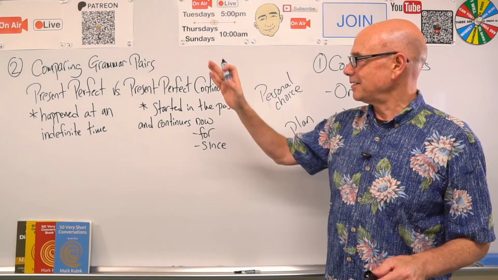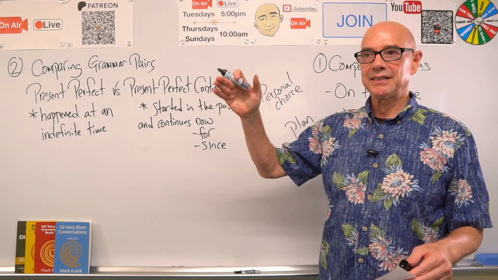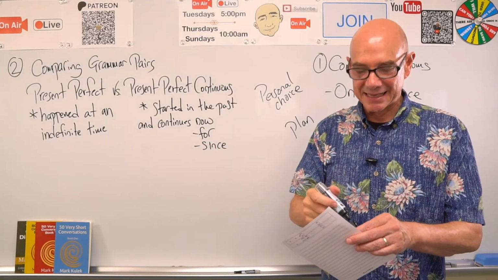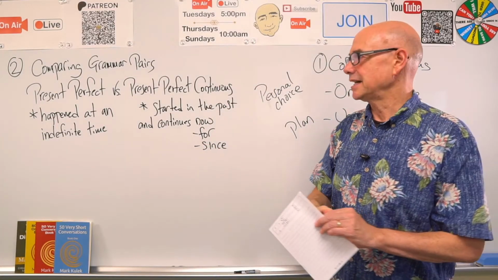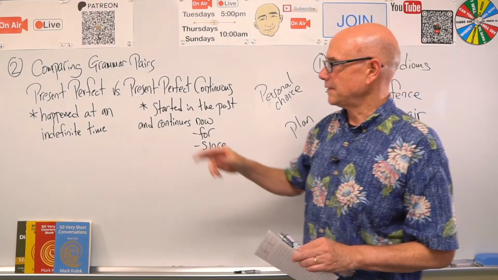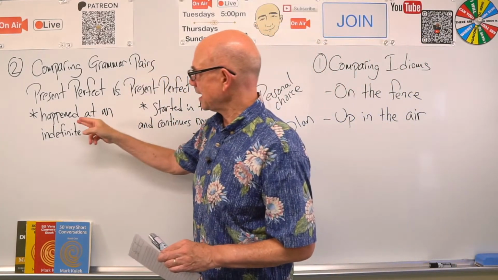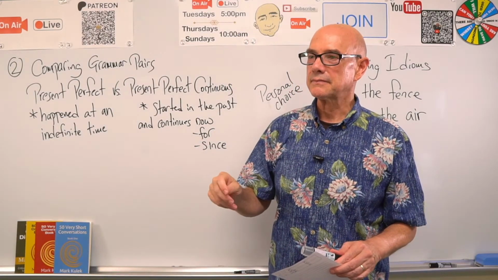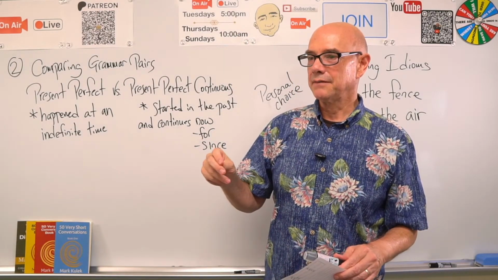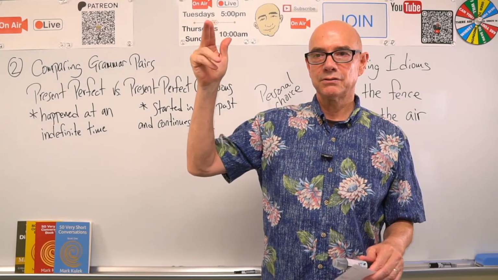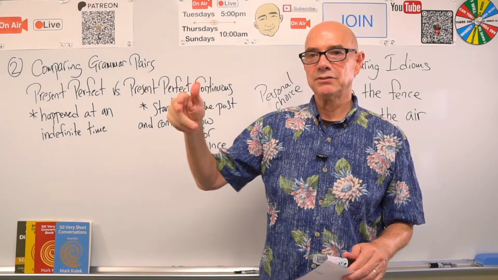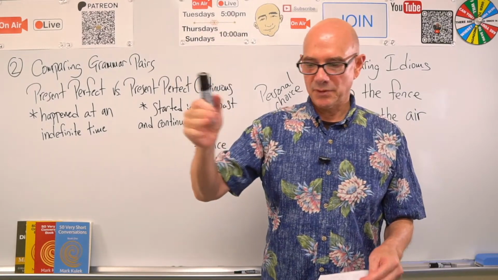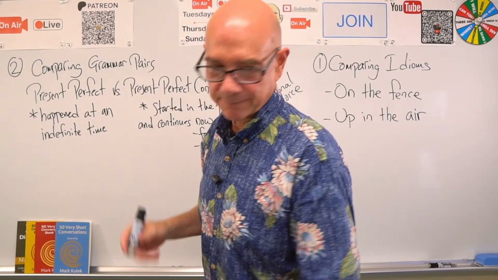So I have been living in Japan since 1996. And then here, present perfect happened at an indefinite time, right? So I have been to Tokyo many times. I have been to Tokyo many times, right? So I'm not mentioning when I went to Tokyo.